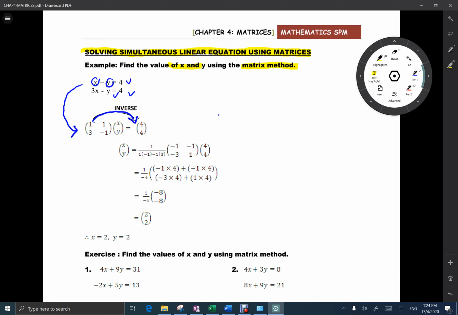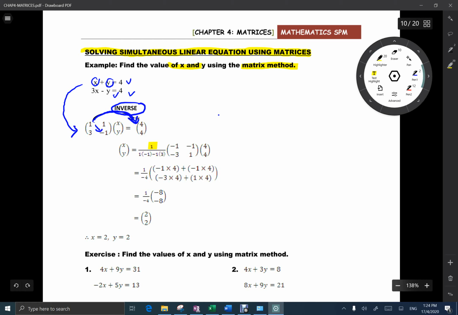When you bring this matrix to your right hand side, it will be inverse. So you already know how to find inverse, isn't it? So what is the formula to find inverse? It must be 1 over determinant. So the formula of determinant is AD minus BC.